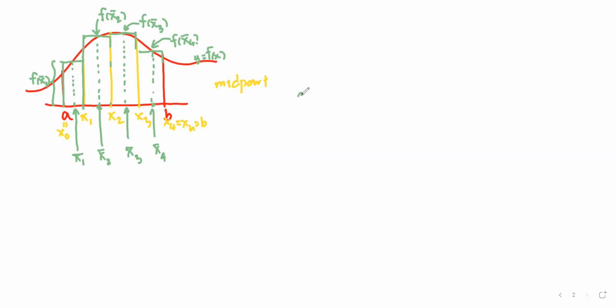And the area between the curve and the x-axis is approximately equal to the sum of, I'll use area 1, area 2, area 3, and area 4. So it's going to be the sum of A1, A2, A3, and A4, where the formula of the area, A1, is the width times the height.